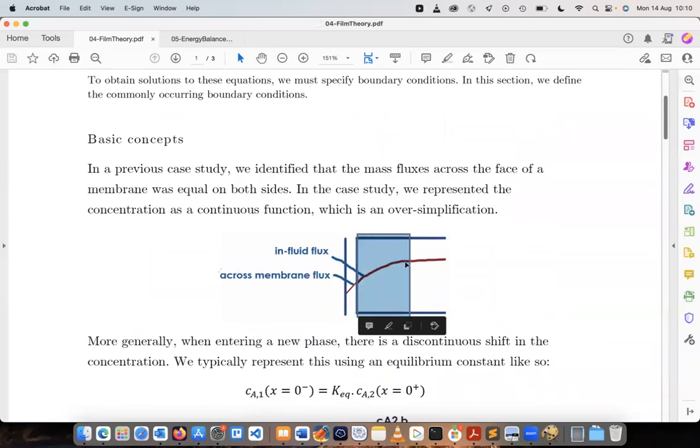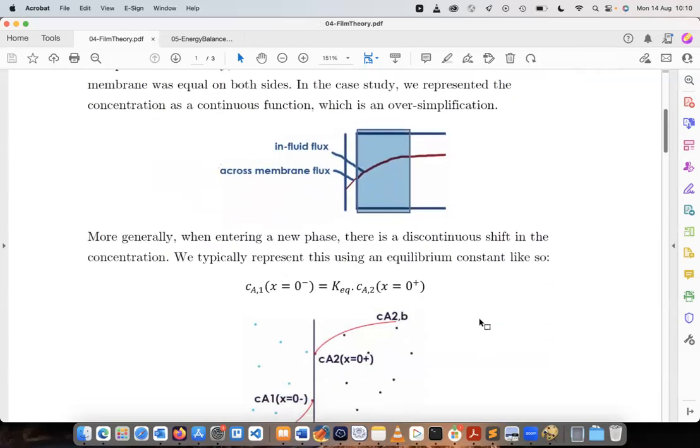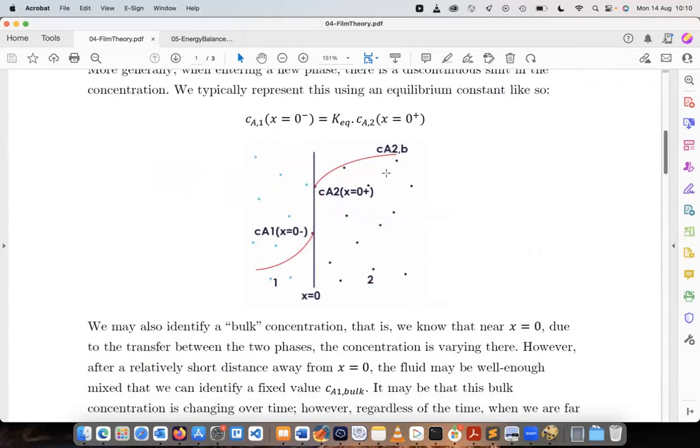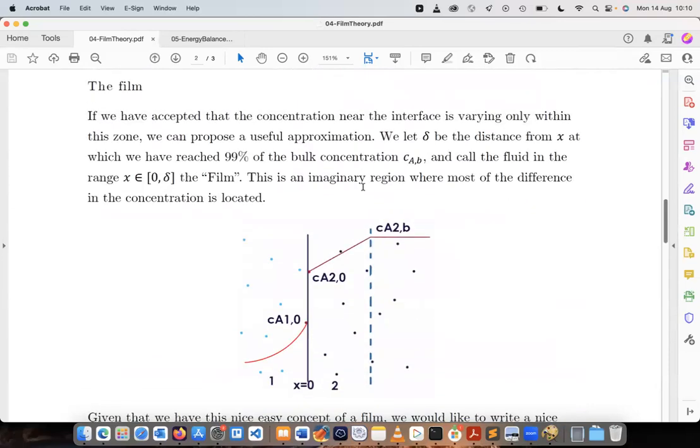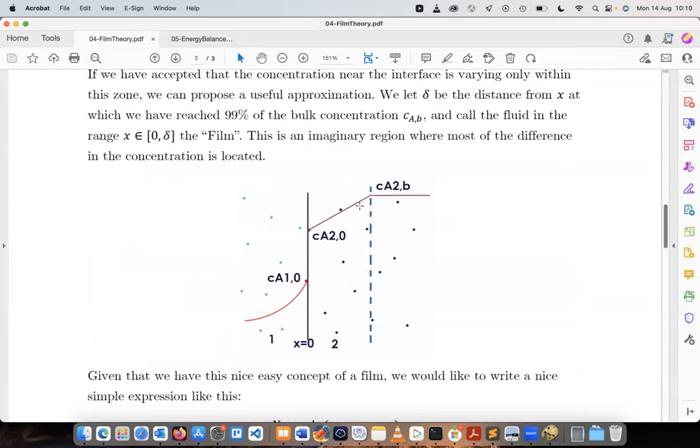You can say most of the action is happening in this little film. Maybe this is just a few millimeters, whereas maybe the cell is meters long. So in this space, we can say, yes, that's the actual variation in concentration, but we are going to simplify that down and just draw a straight line.